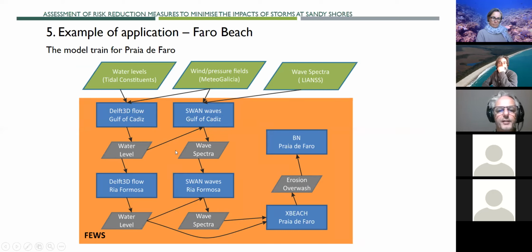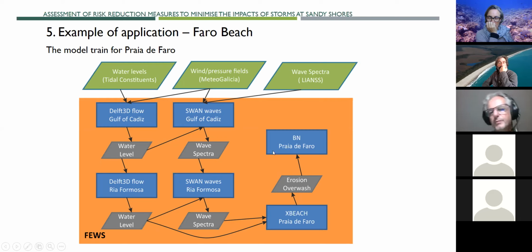Then the generated water level and wave spectrum go to a more detailed model for the Ria Formosa, and then the driver's water level and wave spectra go to the XBeach, applied only to the Faro Beach. And from the XBeach, we get the erosion and the overwash, and all the data of all the runs that we made so far are kept in a Bayesian network. So we can assess the data and we can assess all the predictions we had before when we need.